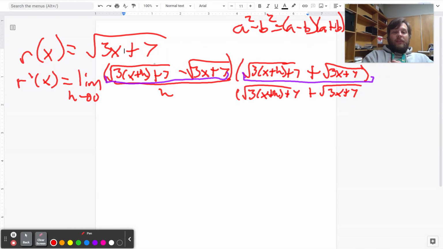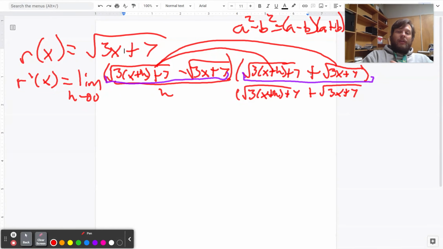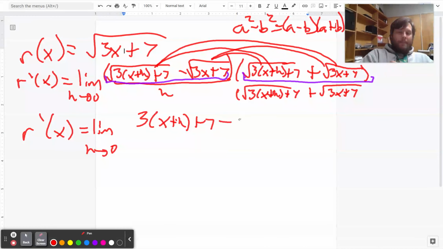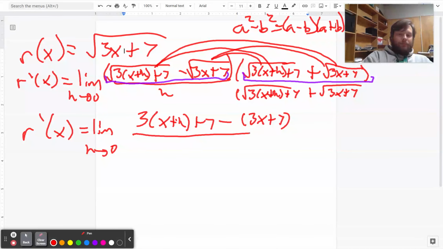So if you distribute this out, the square roots cancel. This gives me a positive ab. This gives me a negative ab, which cancels out. And then the square roots cancel out. So you end up with r prime of x equals the limit as h approaches 0. You now have 3 times (x plus h) plus 7 minus (3x plus 7) on the numerator.